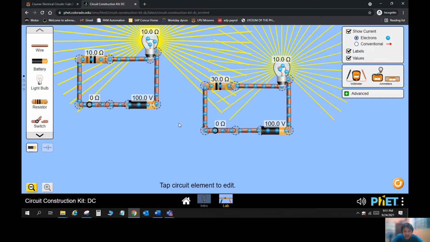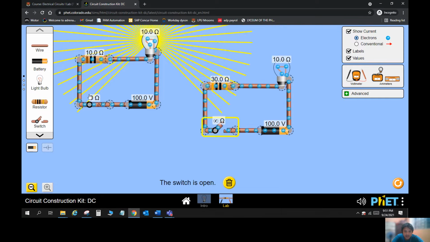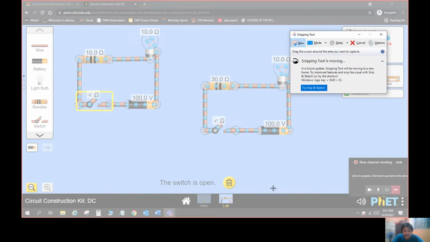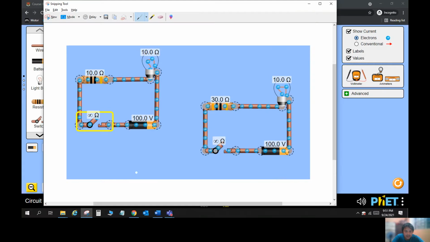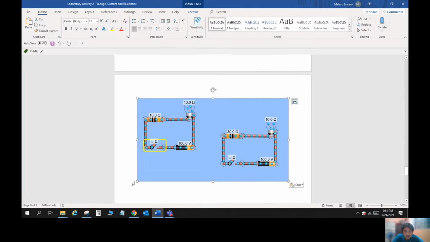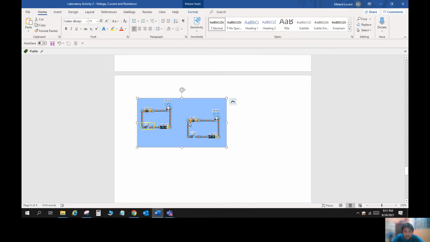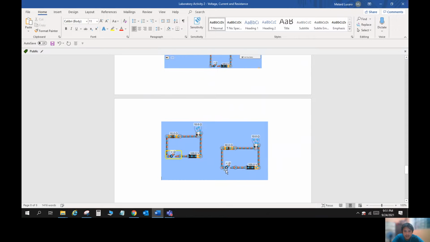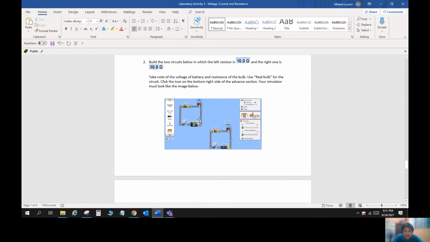Then lagay natin siguro yung kapag turn off pa siya, kasi ginawa natin yung circuit eh. So open muna natin siya, para pakita natin na ginawa natin. Yan. So open natin siya.